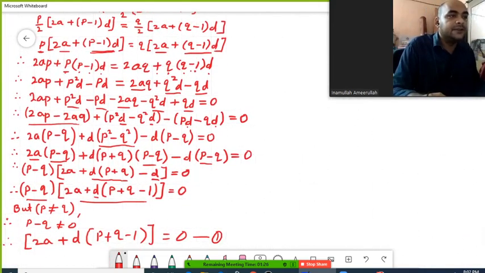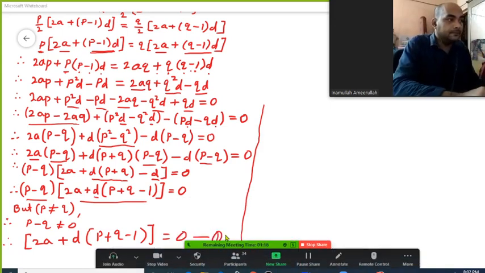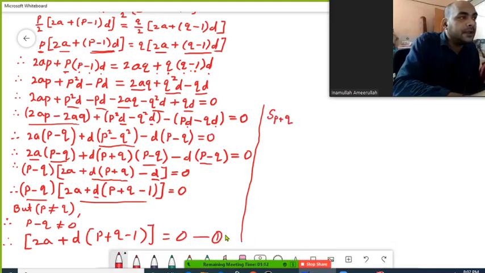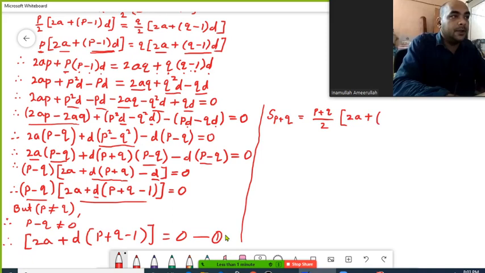So the sum of first p plus q terms, that is S p plus q, is equal to p plus q upon 2 into bracket 2a plus n minus 1, that is p plus q minus 1, into d.